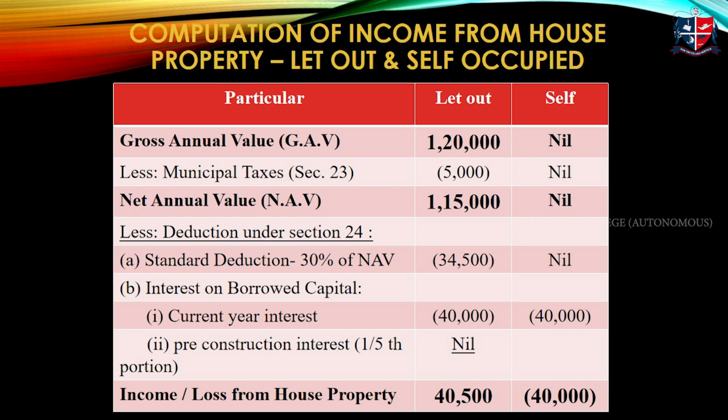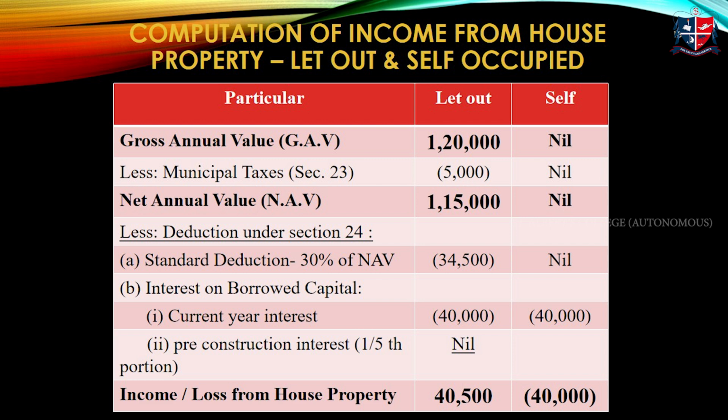We have already calculated. And in case of self-occupied, it is nil. And we are making a deduction of municipal tax under section 23 of rupees 5,000. So we are deducting 5,000 from 1,20,000. We will get 1,15,000. That will be the net annual value.